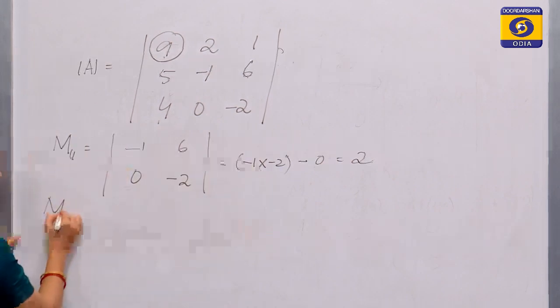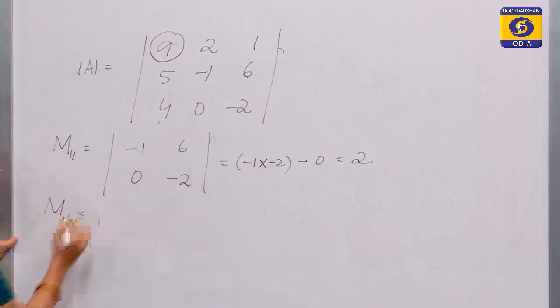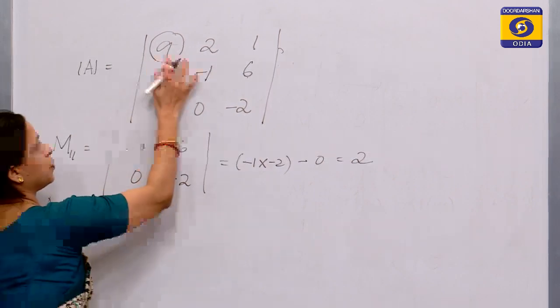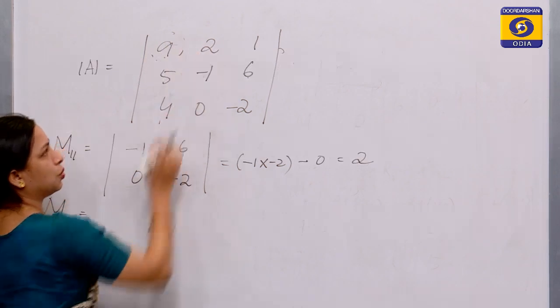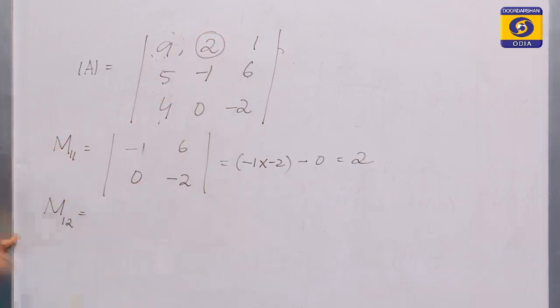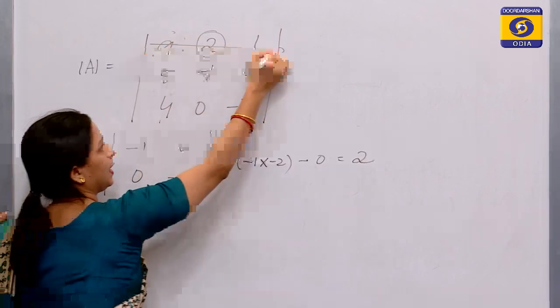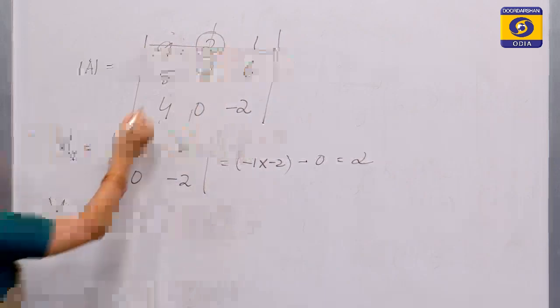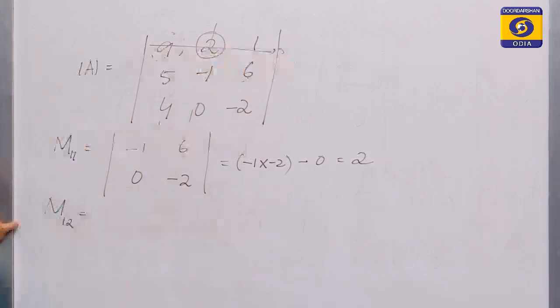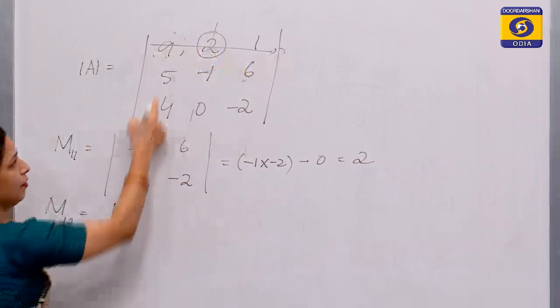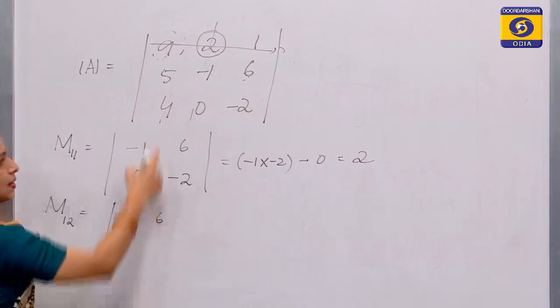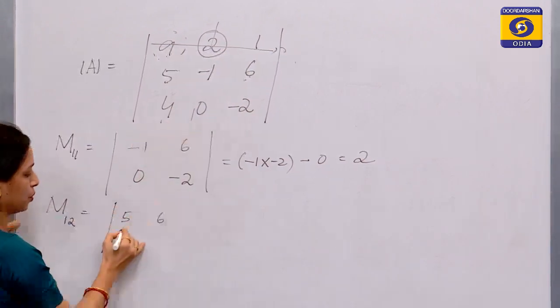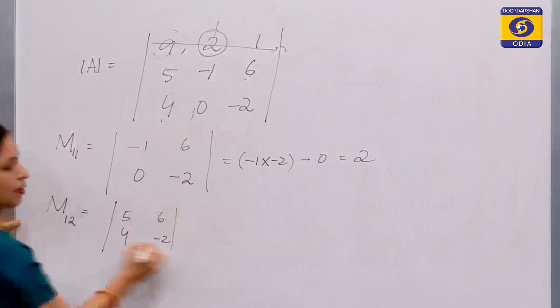Similarly, let us say M12. M12 means which element? 2, right. So, first I need to find out the second order determinant. I delete the row and the column in which 2 exists and form the second order determinant. What is remaining? 5, 6, 4 and -2, right.